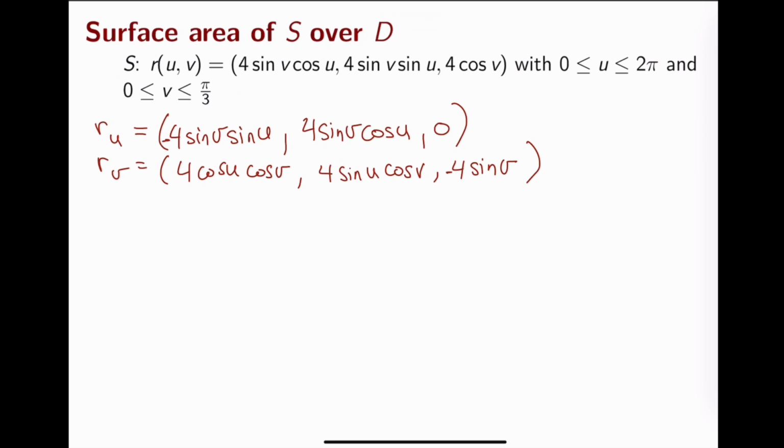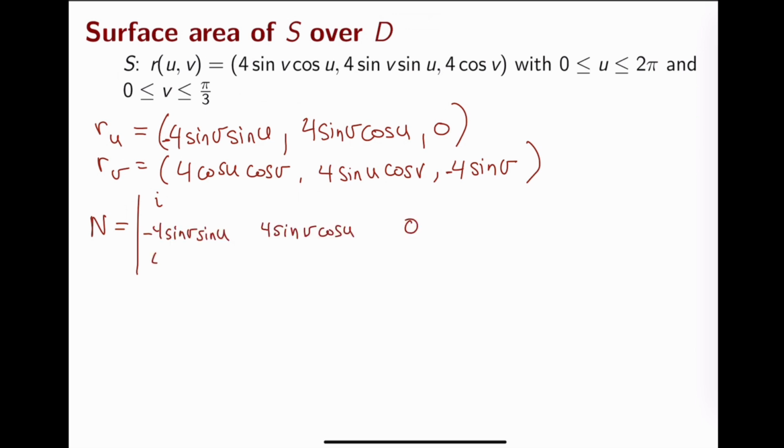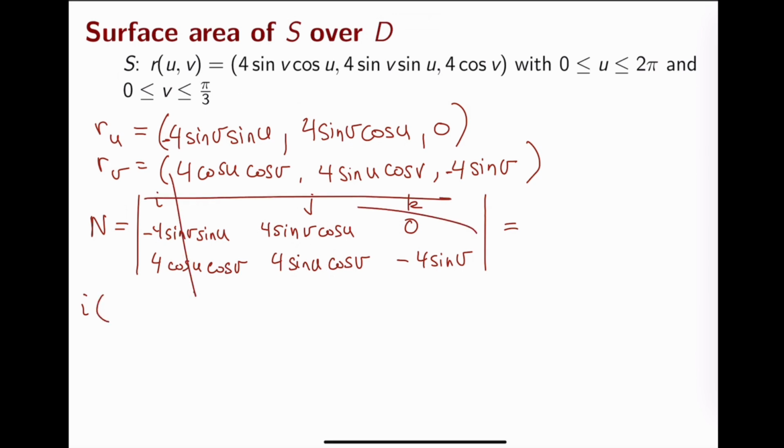We're going to now calculate n as the cross product of these two. We're going to write in the first row i, j, k, and so in the second one, this vector, and this equals i times, eliminating this and doing this determinant will be just this product.